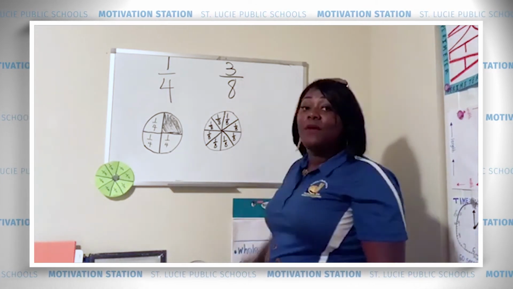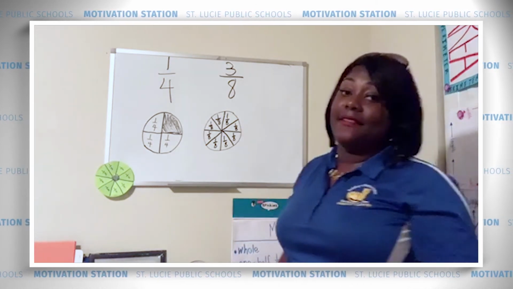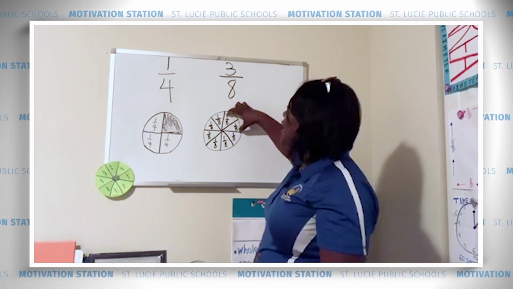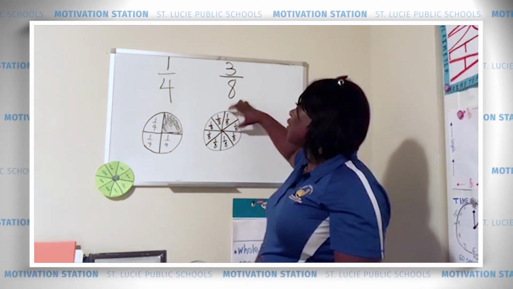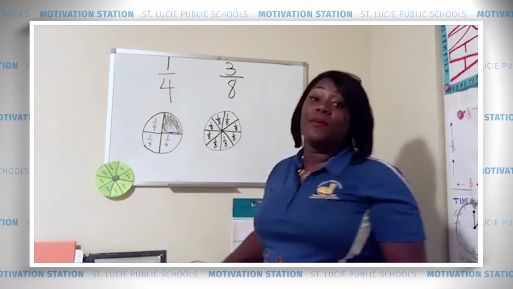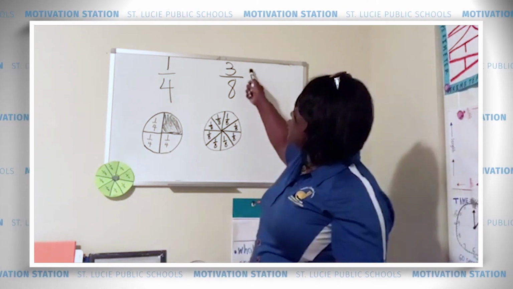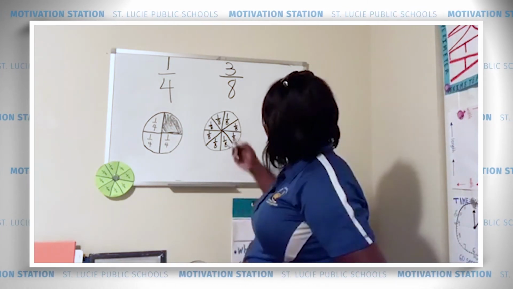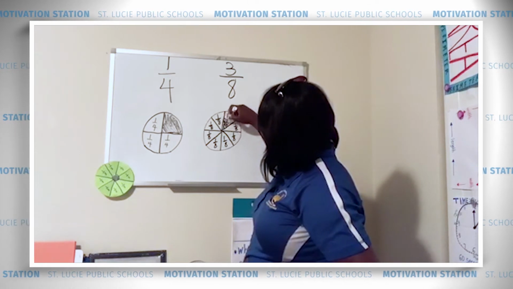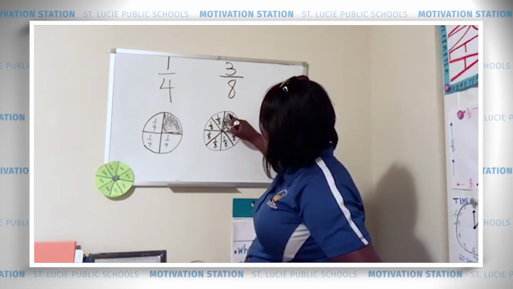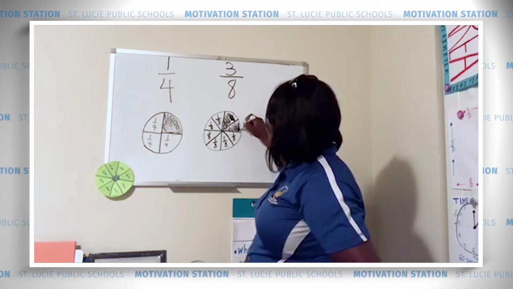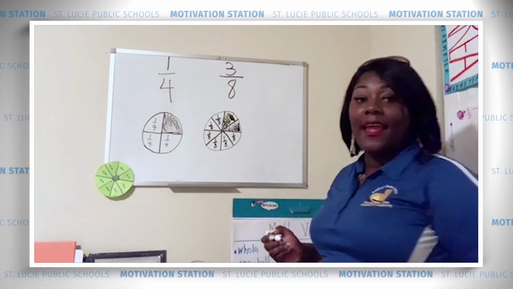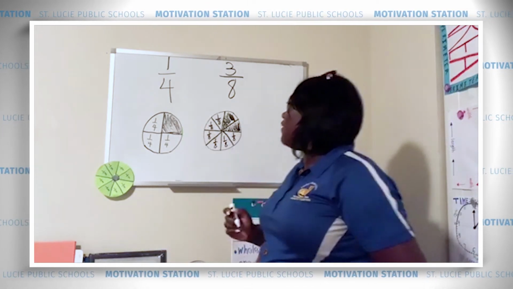This fraction represents 3/8. So I'm going to need to shade more of this circle than just this part. Let's go ahead and shade 3/8. 1/8. 2/8. Hey, 2/8 looks like 1/4.